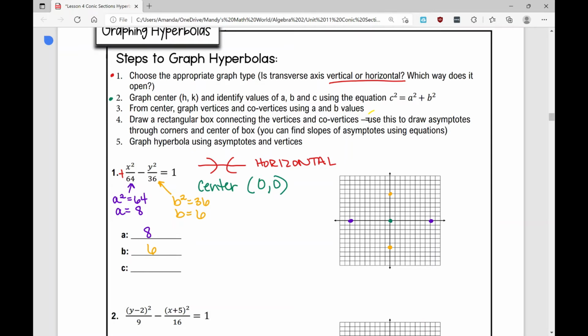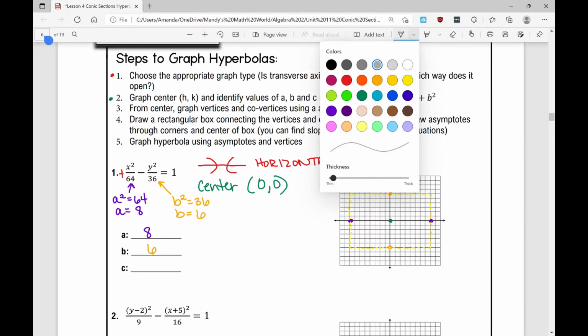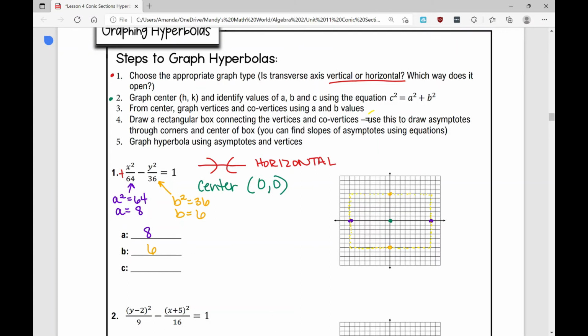So what you're going to do is draw a rectangular box that passes through each vertex and each co-vertex, and I do this in a really light color. This helps us determine where our asymptotes are. If I draw a line going through that center point and through the corners of this rectangle, that is the positive and the negative asymptote.